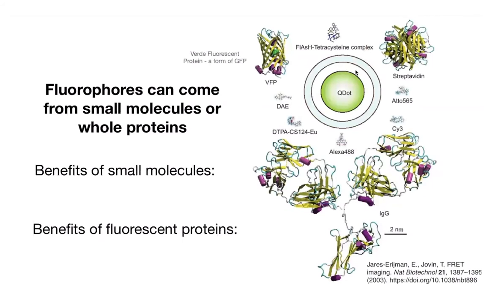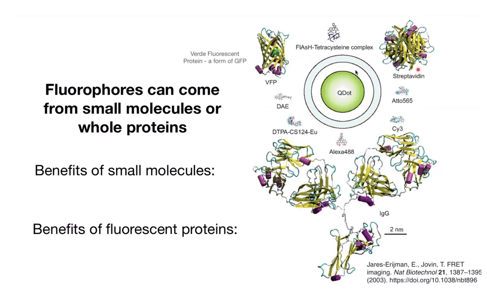Now, fluorophores can be proteins like GFP and YFP and all of those fun fruit names, or they can be small molecules. This is showing things to scale. This is one of our good friends, the antibody, and this is the size of an antibody. You can see this is Verde fluorescent protein, which is a form of GFP. These are small molecule dyes.